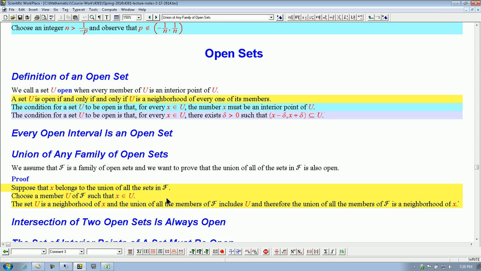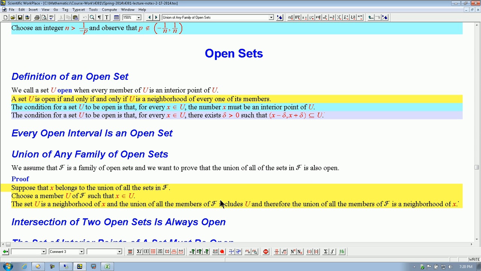I am assuming that curly F is a family of open sets. And I want to prove that the union of all these sets, I haven't given it a name. You want to give it a name? Rumpelstiltskin. I want to prove that the union is open. What is it that I need to prove?